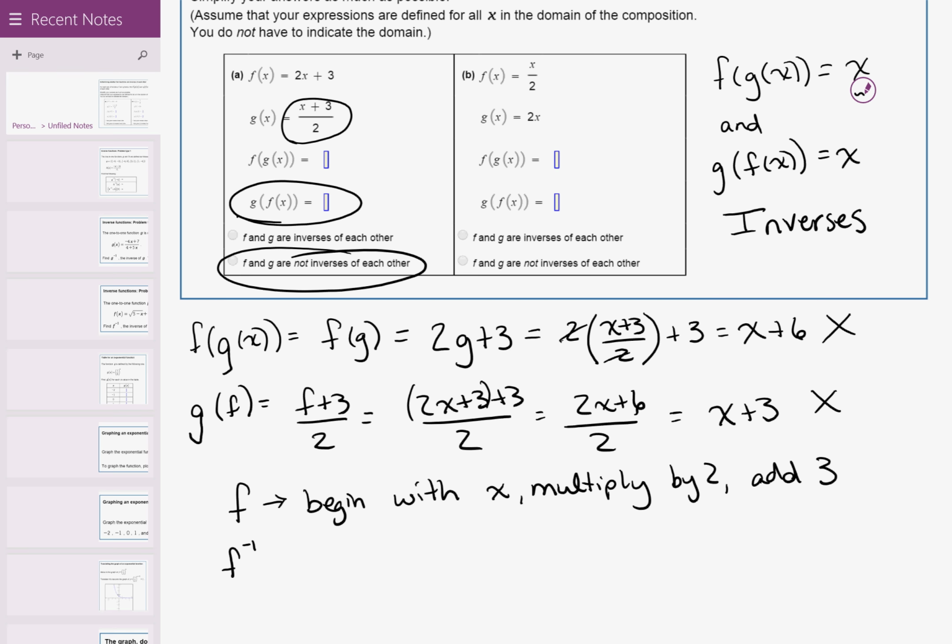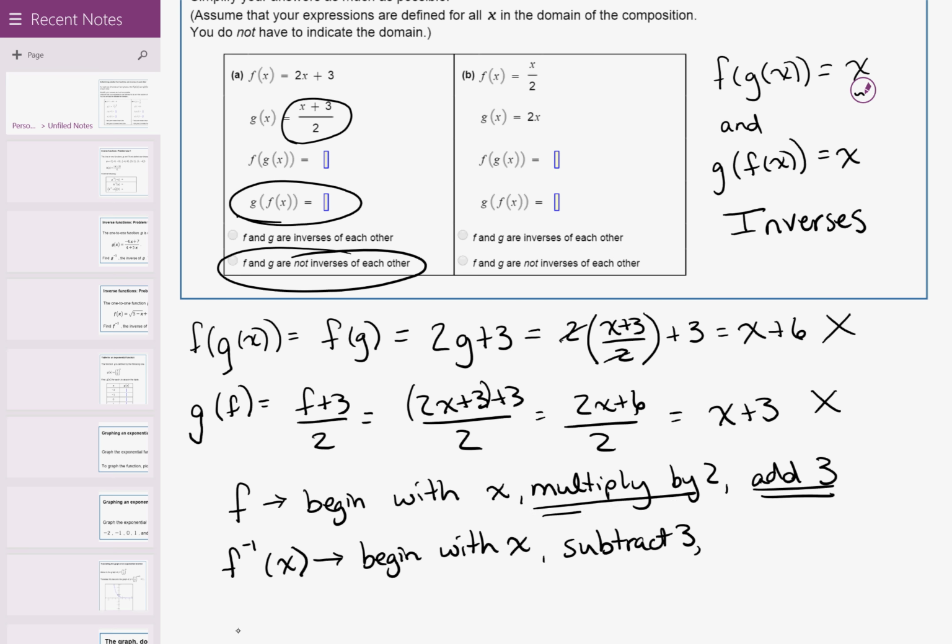The inverse of f, which is notated this way, would be this. Begin with x. And now I'm going to undo this action. Subtract 3.